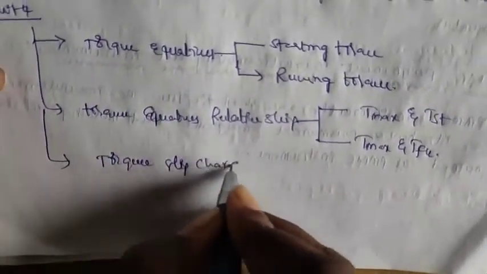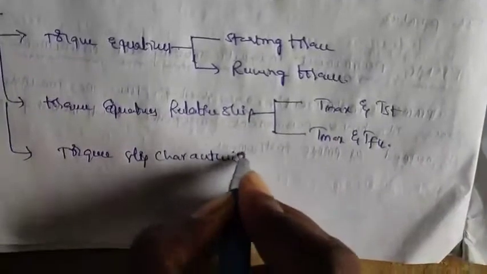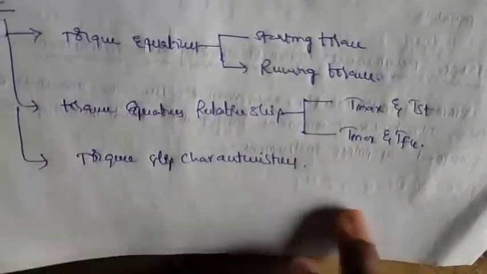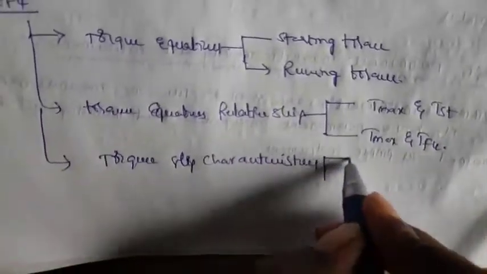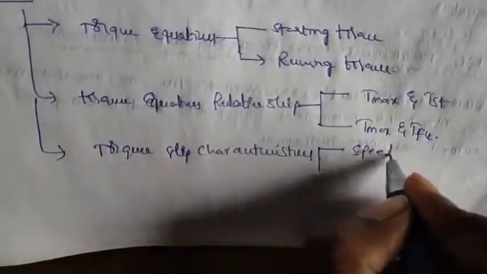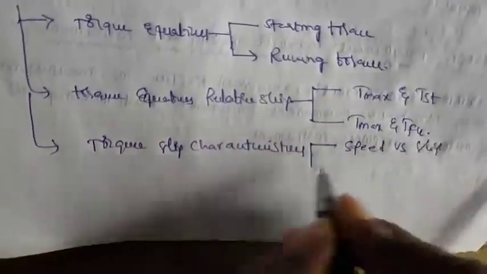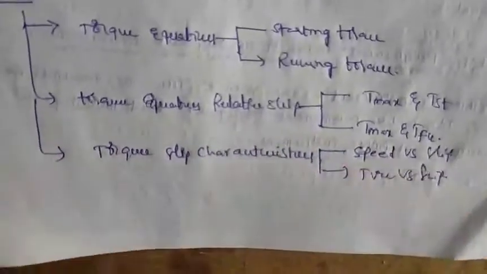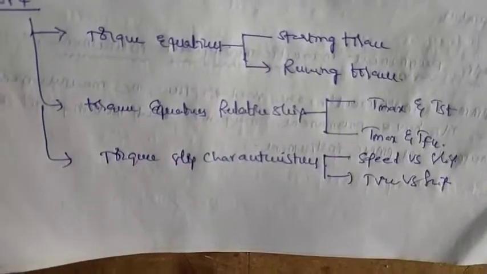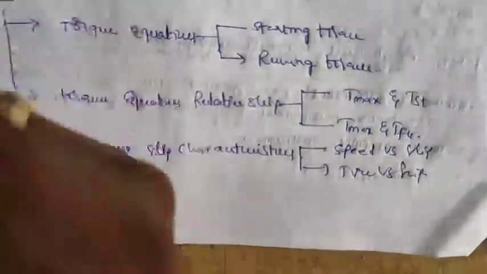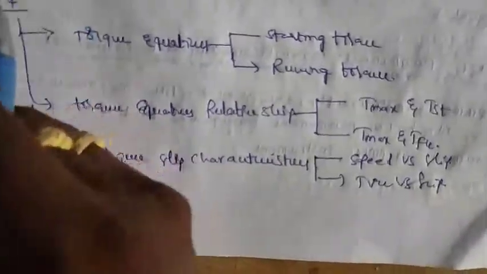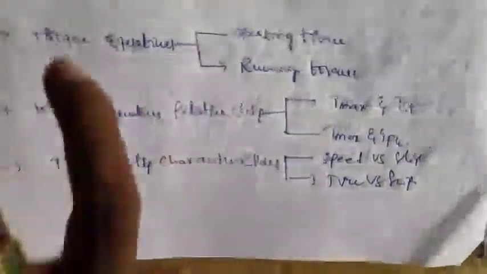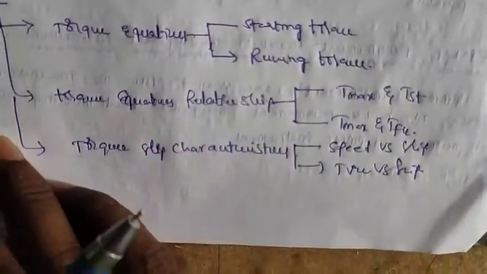Torque slip characteristics. In this we learn speed versus slip and torque versus slip, and how the parameters vary: the maximum torque when we add some resistance, what the value of maximum torque is, what the full load torque is, and what the starting torque is.